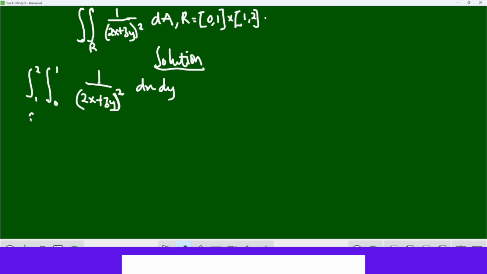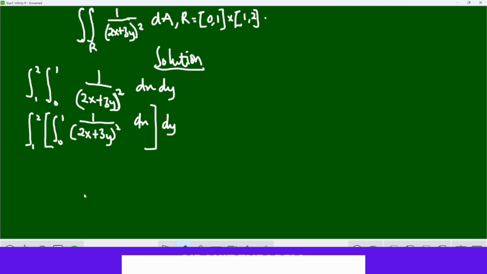Okay, so I can write this as from 1 to 2, integral from 0 to 1 of 1 over 2x plus 3y, all that squared, dx dy.